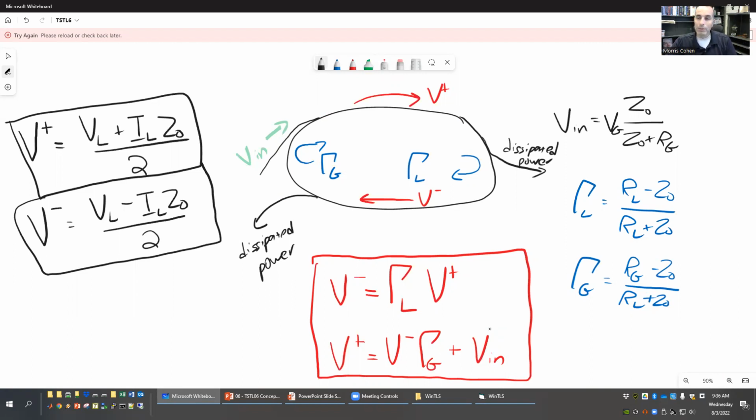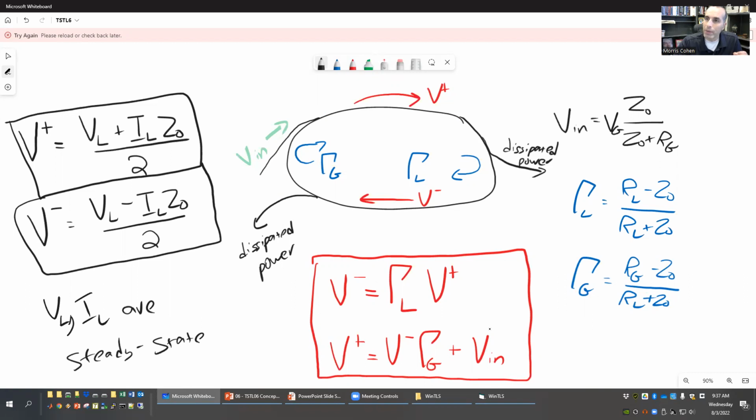Now you can trust me, or you can verify it if you'd like. There are a couple of sanity checks that we can apply to make sure this is right. We'll try to get to those later. But let me first remind you that VL and IL are the steady state voltages and currents on the load. What that means is, pretend there's no transmission line.